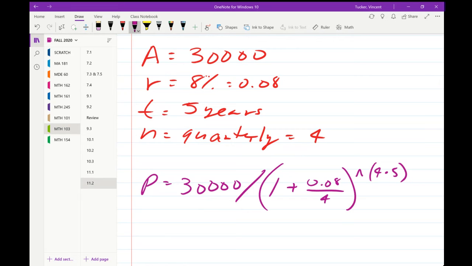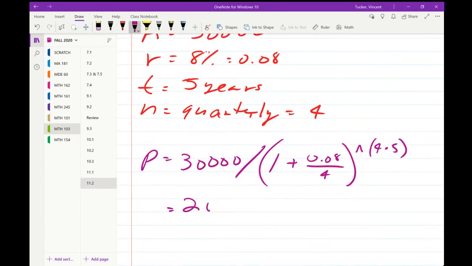So you put it in the calculator, and it should give you 20,189 and 14 cents.